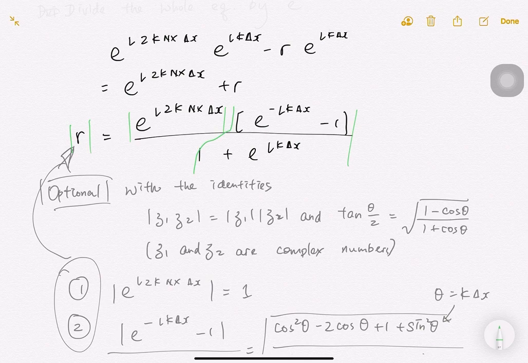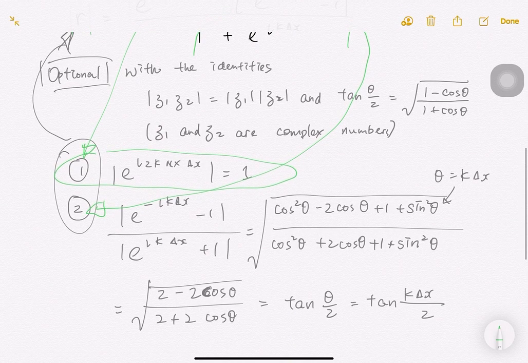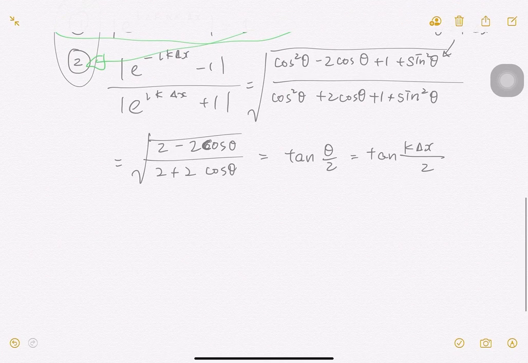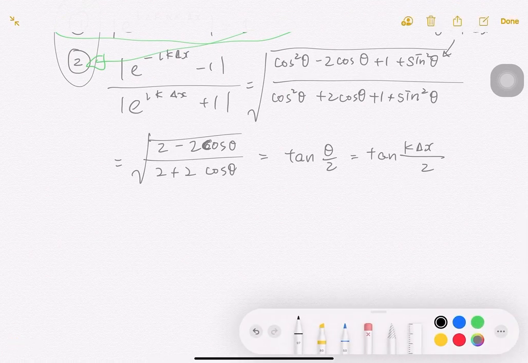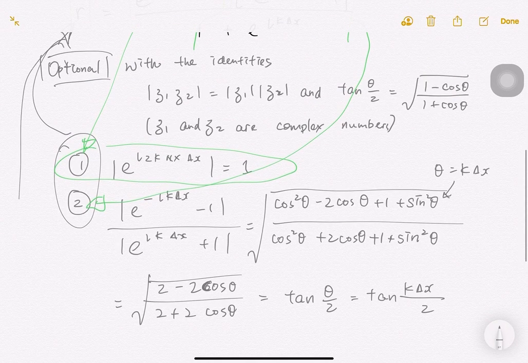For the first expression, we can use this to find the magnitude of this one, and this is for the second one. So now we know the magnitude. The optional part is this region.